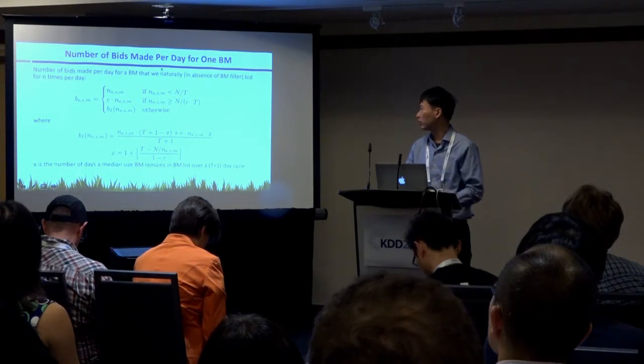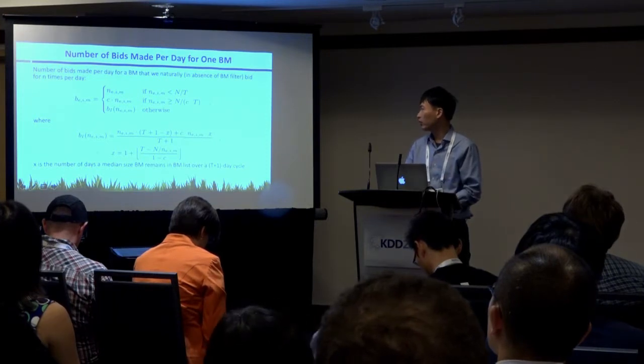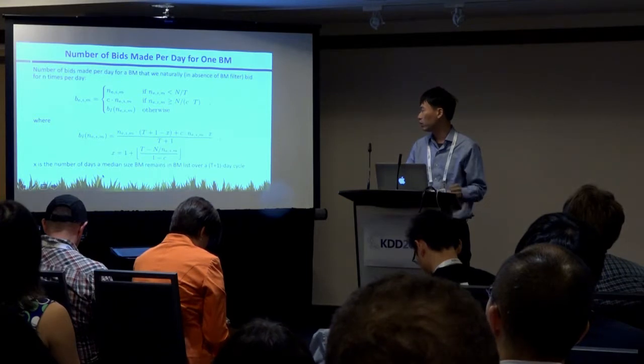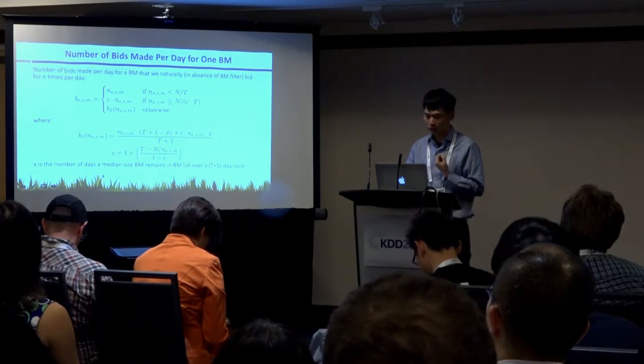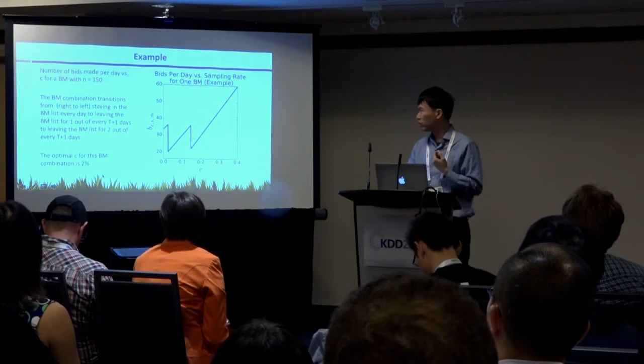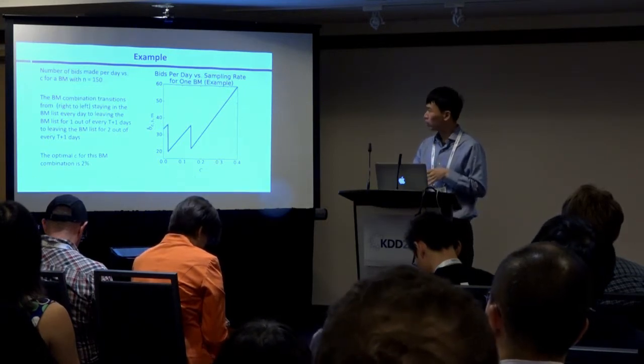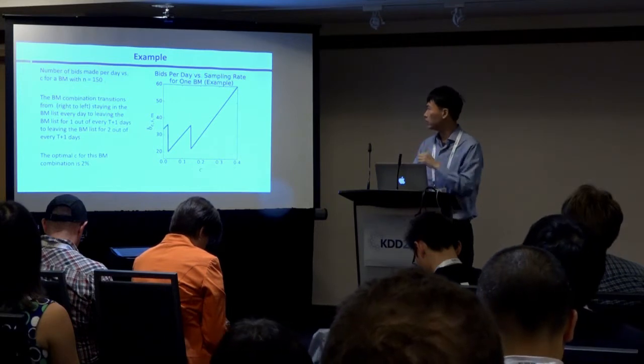N is the number of bids you naturally see in the absence of any filter. For the medium marketer case, the number of times you bid is related to the number of days it remains in the band marketer list over a T+1 day cycle.